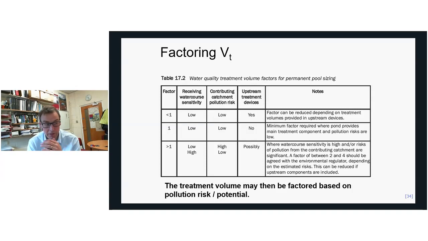Then if we upgrade that to there being no treatment devices upstream, and you've got low pollutant potential, you'd expect to stick to 1 VT. If you've got a sensitive stream and a higher likelihood of pollutants entering the pond, you would then want to factor your VT up. So it says there a factor between 2 and 4 should be agreed with the environmental regulator.